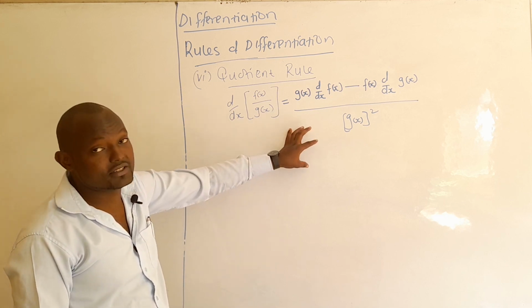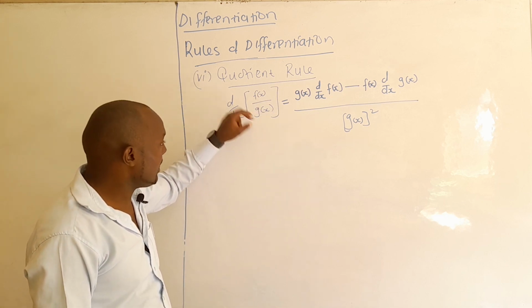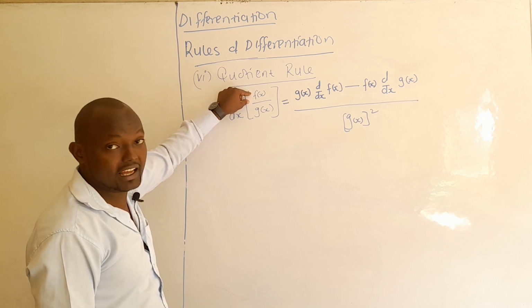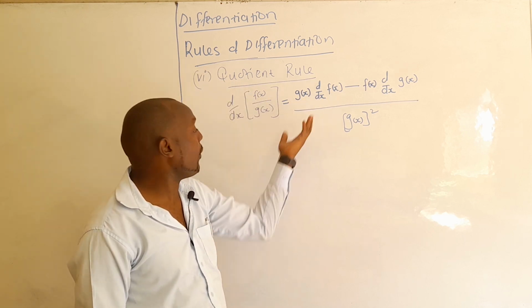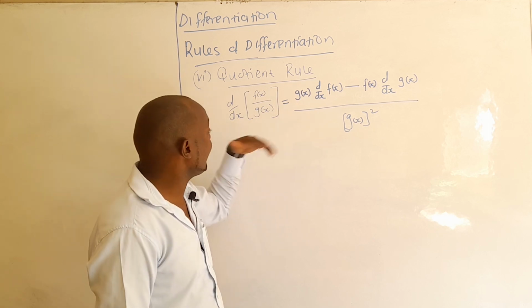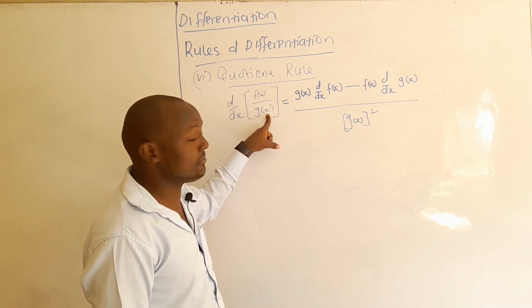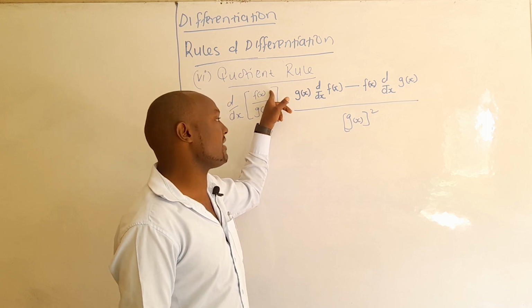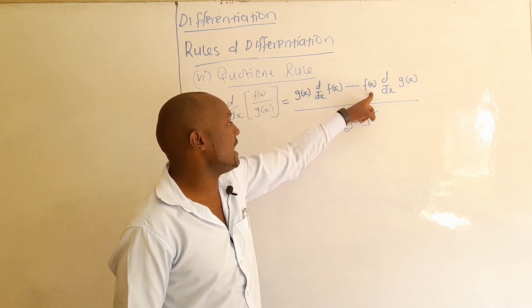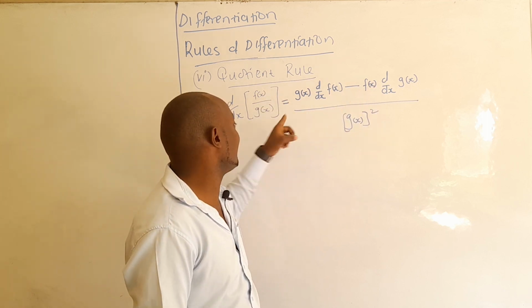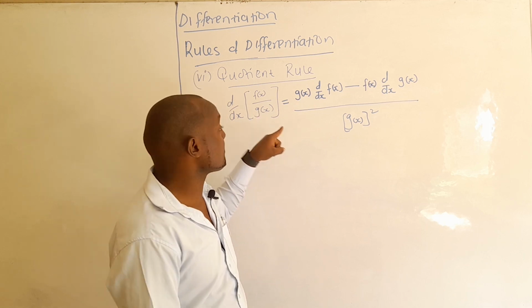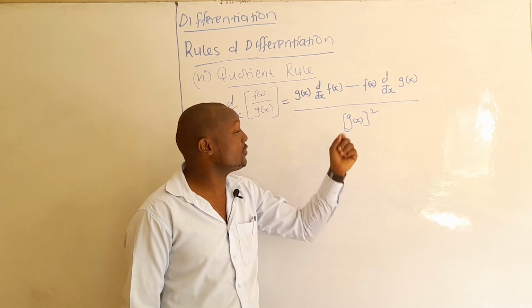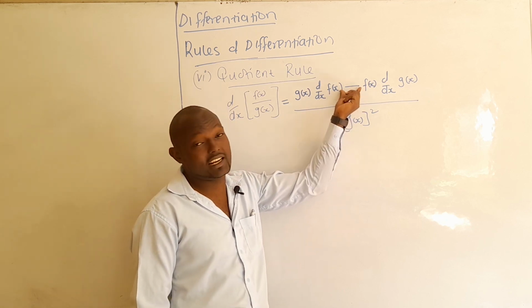I hope this one is very clear. First of all, differentiate the numerator while you hold the denominator constant. Then now, you differentiate the denominator. Remember, you must treat the other one constant. So I have treated my numerator as a constant, so now I have differentiated what? The denominator. And as you can see with those two, here we are using a negative sign.